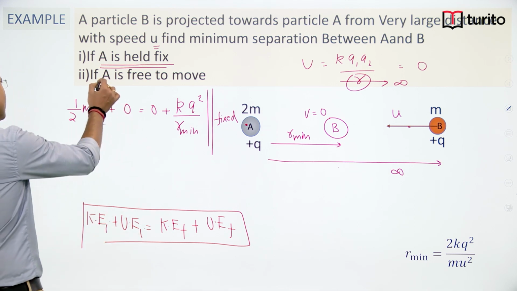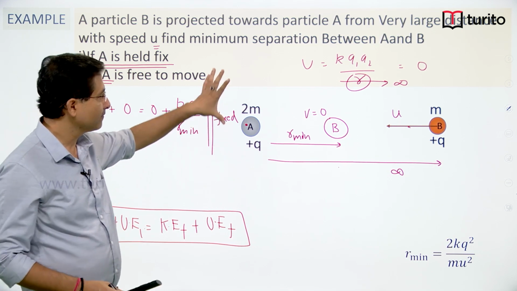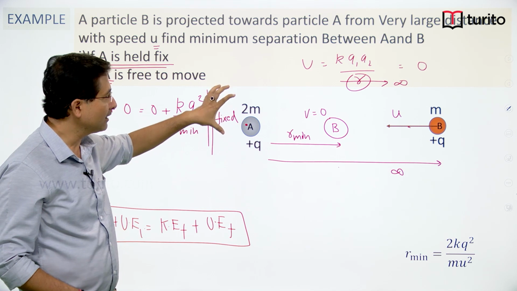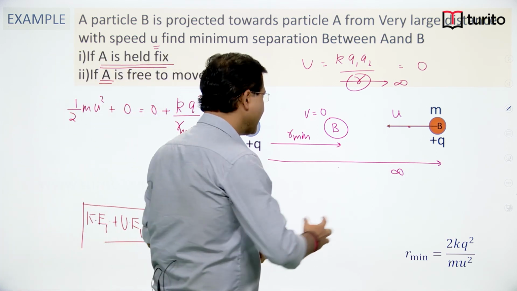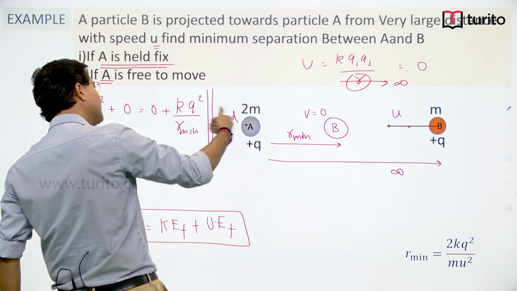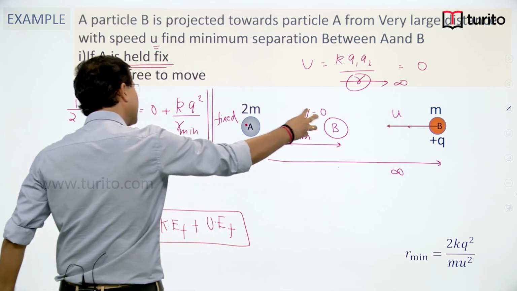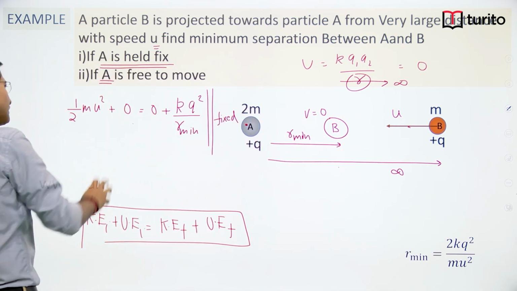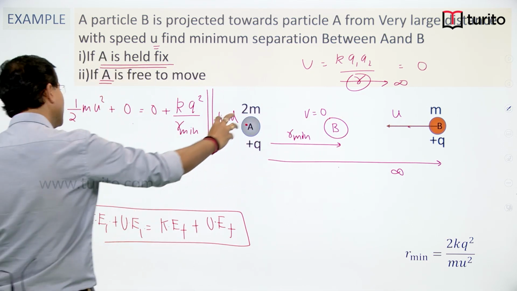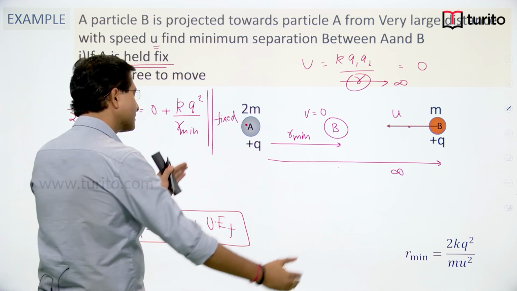If A is free to move, so if I release A, then what happens? As this moves, it pushes the other one along the line joining. So as this starts moving towards that one, that one also starts moving leftward.